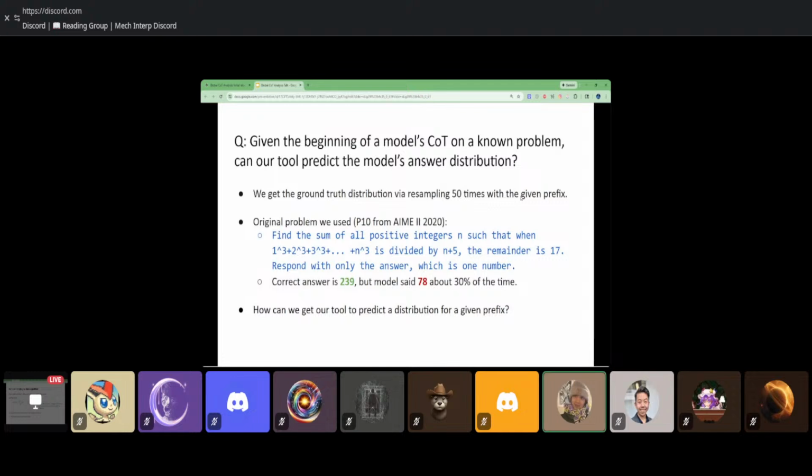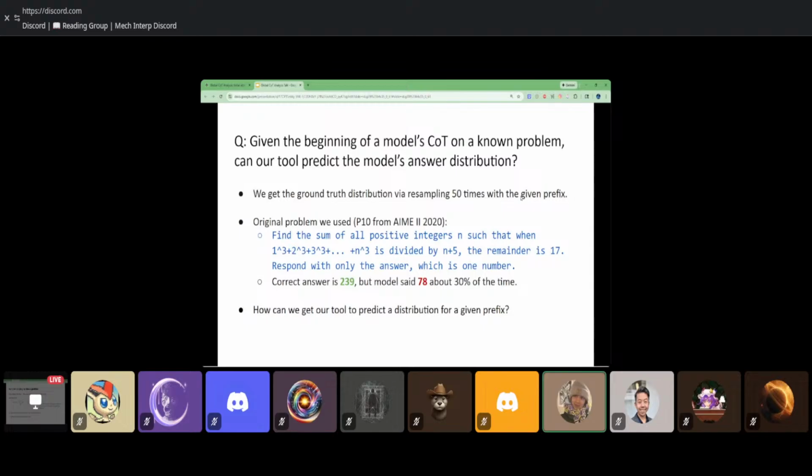So the question is, given a beginning of a model's chain of thought on a given problem, where it says, okay, let me think about this problem, here's what it is, it maybe restates the problem, gets into the weeds a little bit, tries a couple of approaches, and then we cut it off and take that beginning up to some point.